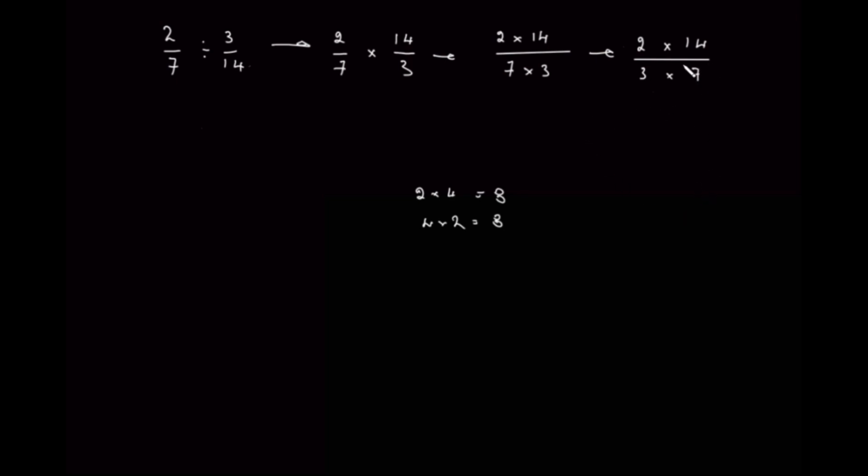Now again, once I've done that, I can split it. I can go 2 over 3 times 14 over 7. Well, this becomes 2 over 3. 7, there's 2 7s in 14, so I can do that.